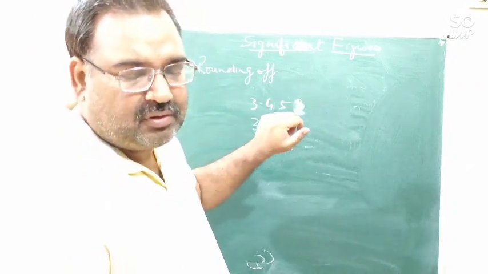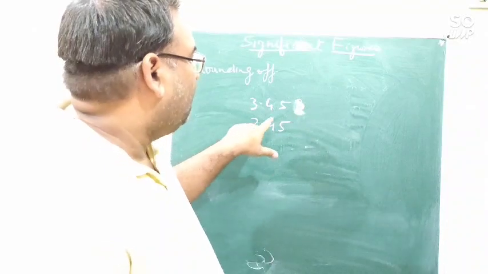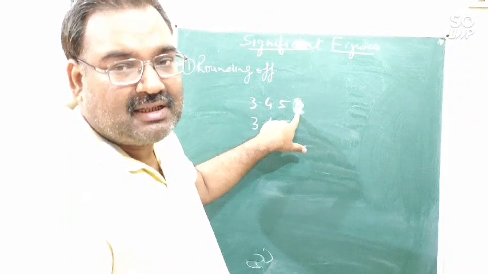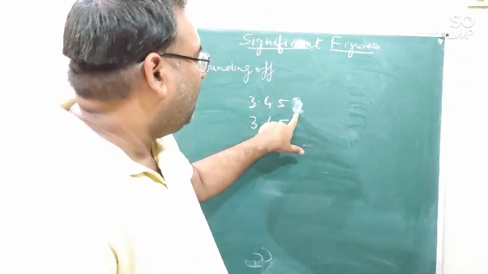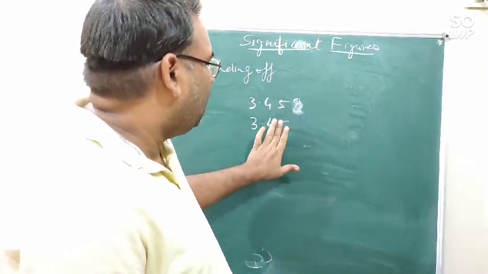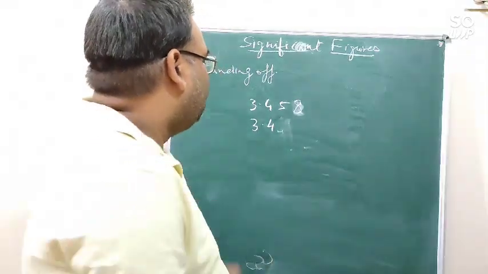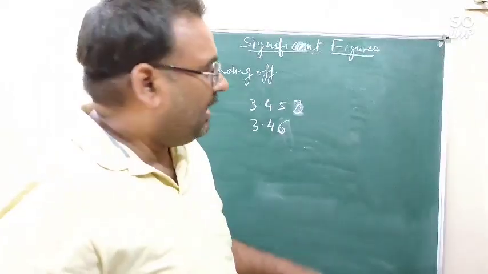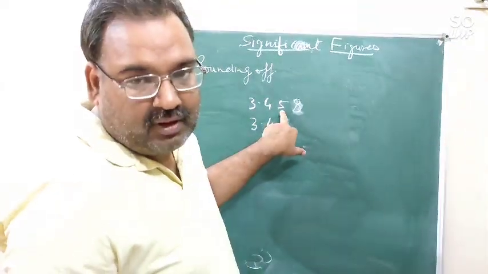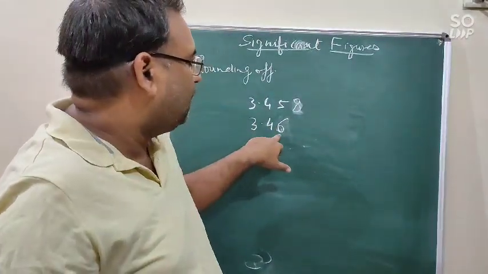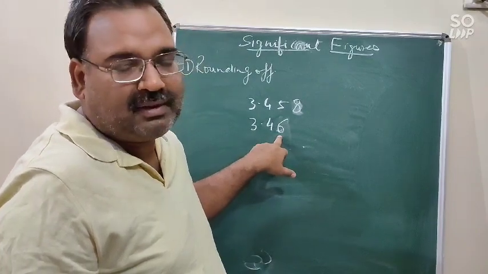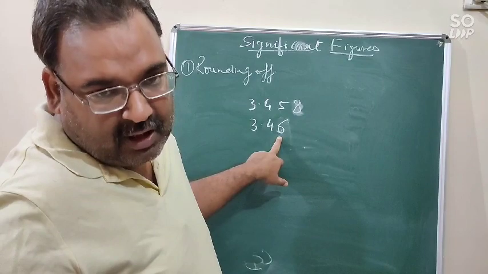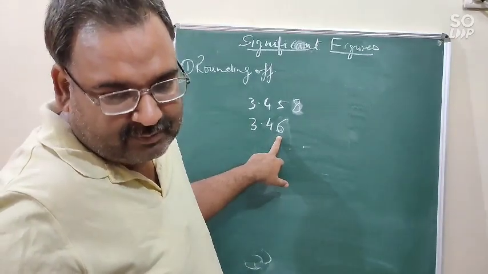Then the last digit is greater than 5. Then we will add 1 to the 5 and it will become 3.46. Understood? So this number up to three significant figures will become 3.46. I hope it's clear.